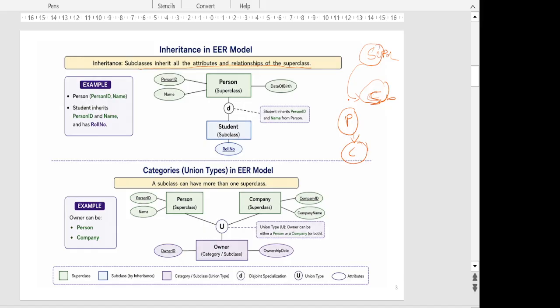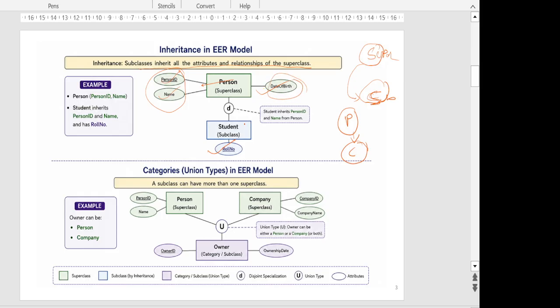Now you can see the example, Person. Person is a superclass. Person ID, name, and date of birth are the attributes. From that, Student has a roll number, which is specific to the student.